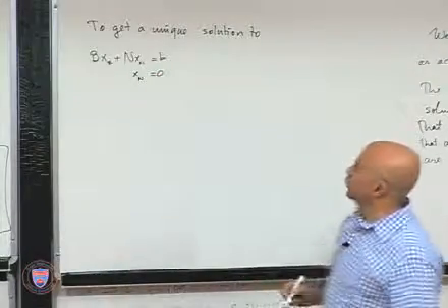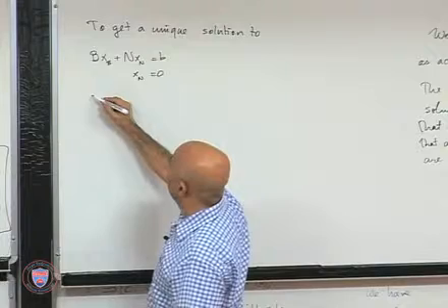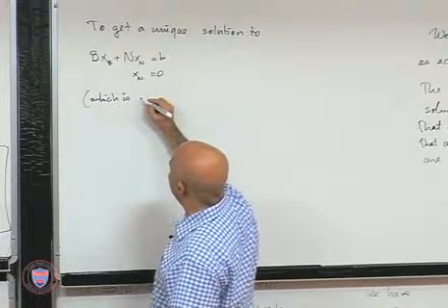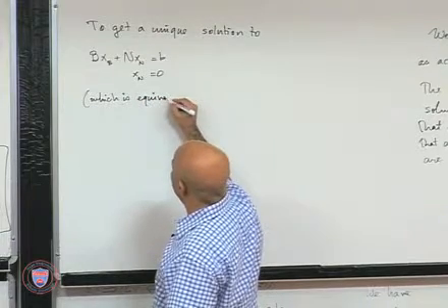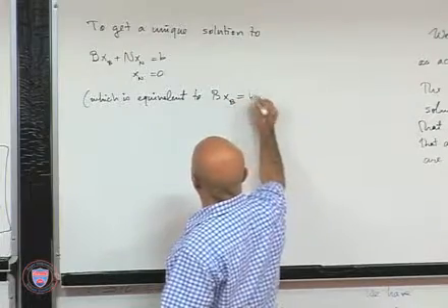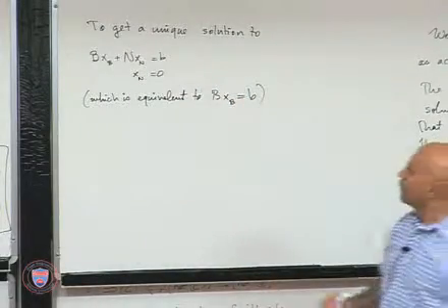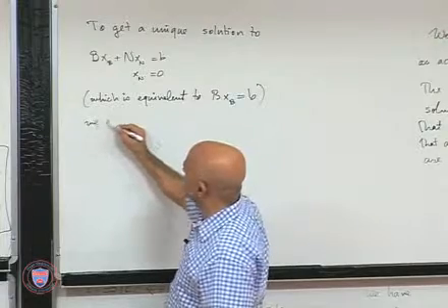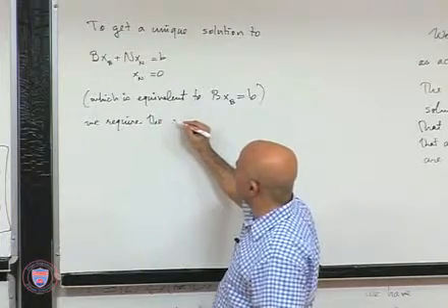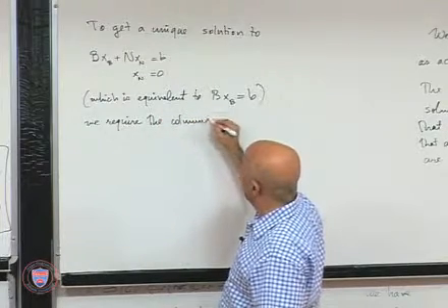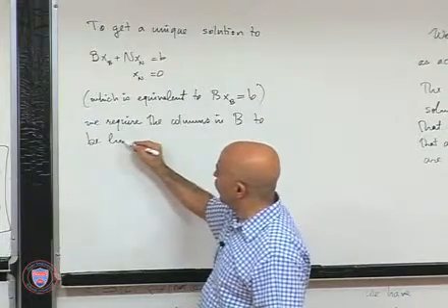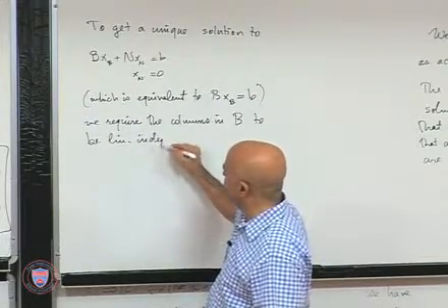So to get a unique solution to this system, which is nothing but Bx_B equals b, we require the columns in B to be linearly independent.